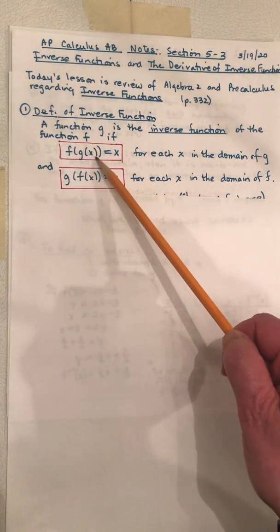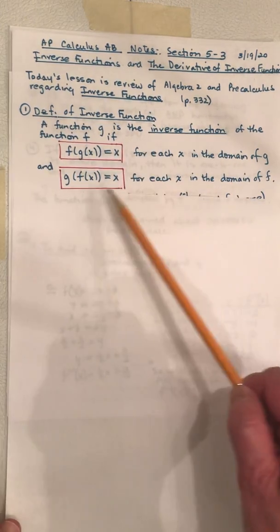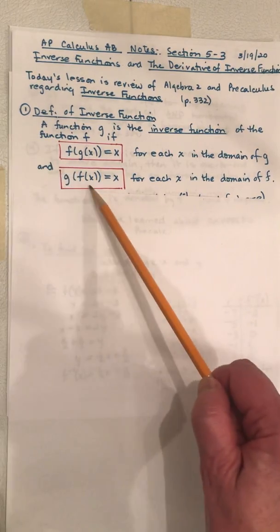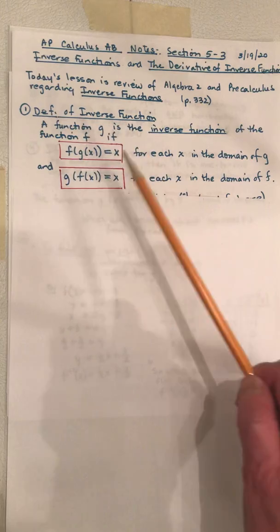Now, I didn't give you one, but I bet you remember from pre-calc, they give you f, they give you g, and you have to simplify f of g of x and show that it comes out to be x. I know you did those kind of problems in pre-calc. All right. And similarly, g of f of x had to come out as x. All right, so these are two things we're going to keep in mind for tomorrow's lesson.